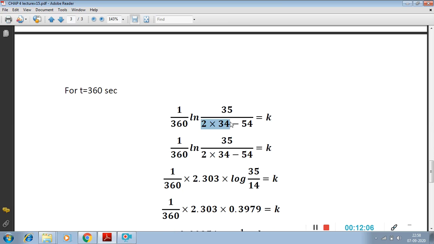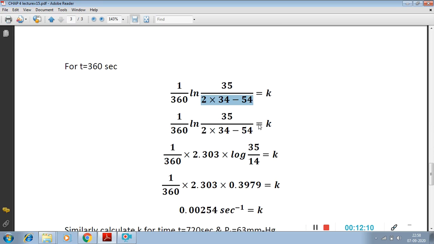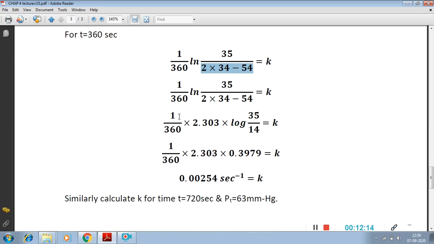You can see here it is written. Now just solve this equation. Convert ln into log, so multiply it by 2.303. This will give you the value 14. So log 35 divided by 14.